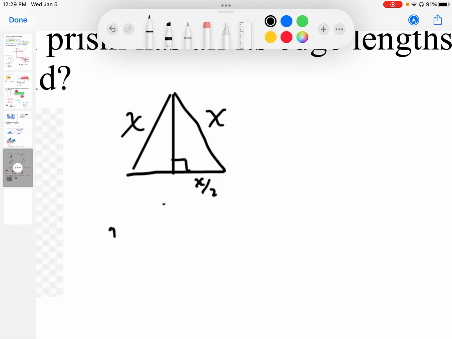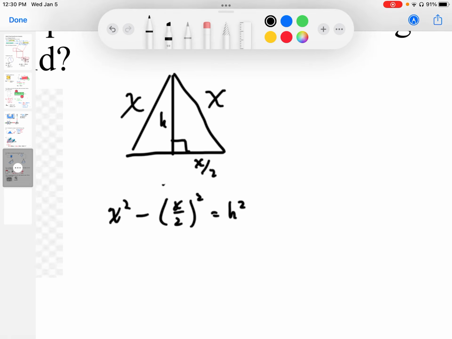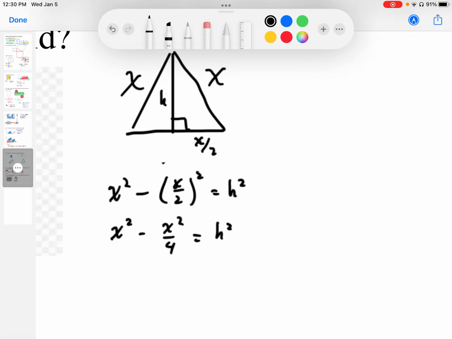And I know that the big square minus half of x squared is going to give me the height squared. So I'm going to do x squared minus x squared over 4 equals height squared. This is 3/4.